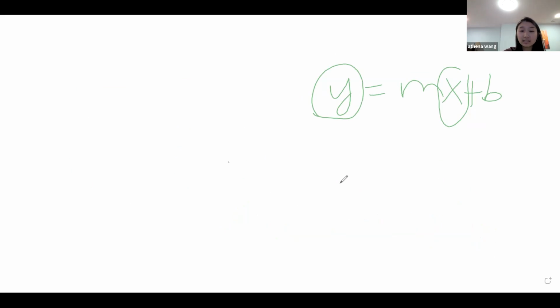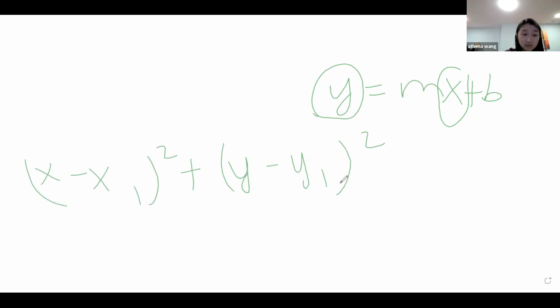In our case, for the y minus y1 part and the x minus x1 part, whenever I write x and y, those are the variables. So we can plug in any point.